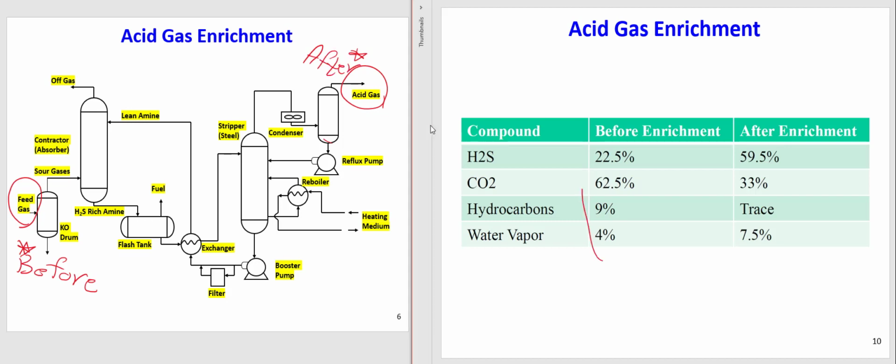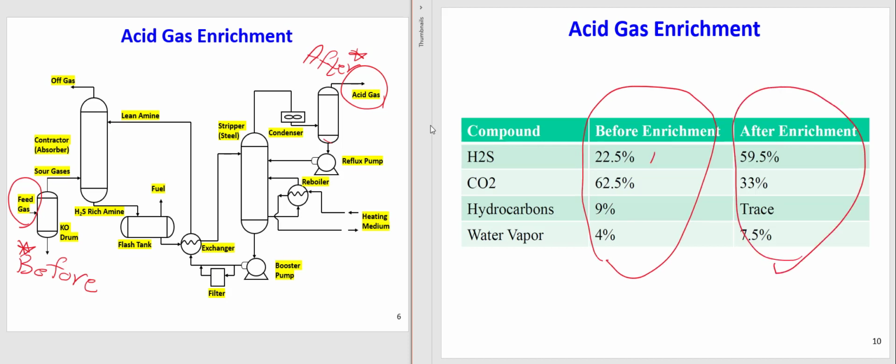So before, this is your specification, and after, this is your specification. The most important thing that I said is we need a higher concentration, more than 40% of H2S at the end, to make sure that the Claus process will work efficiently.